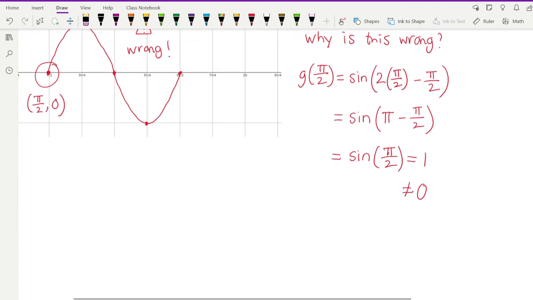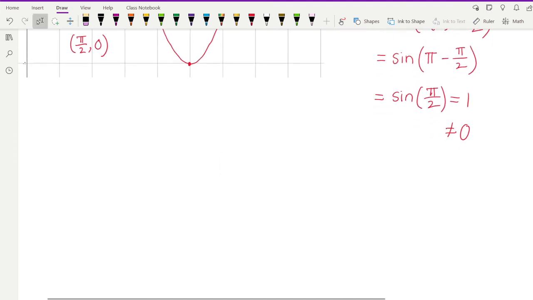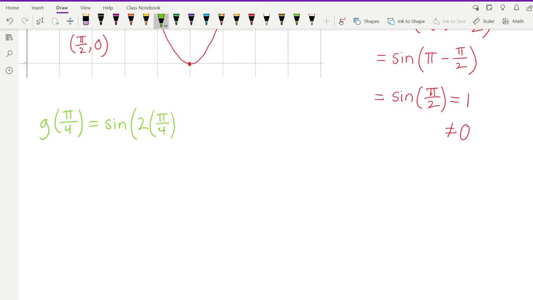So let me write that down. If we plugged in instead g of pi over 4, then we would have sine of 2 times pi over 4 minus pi over 2. And so if we simplify that, we would get sine of pi over 2 minus pi over 2. And that's sine of 0, and that is equal to 0.